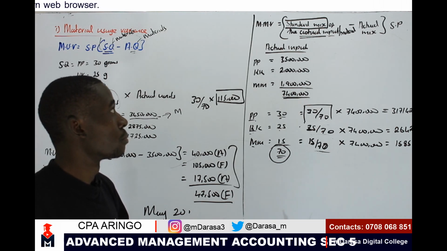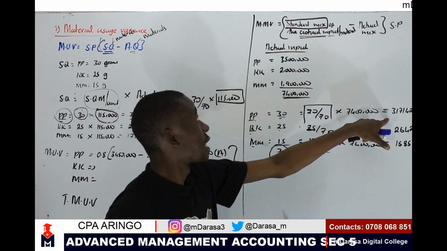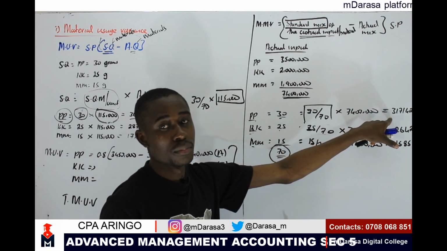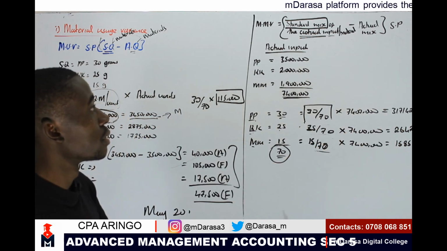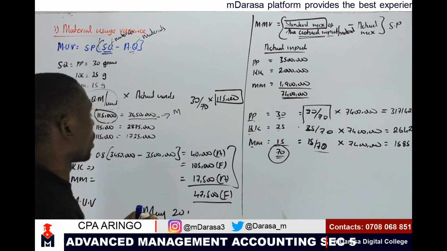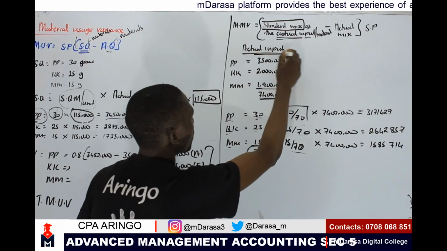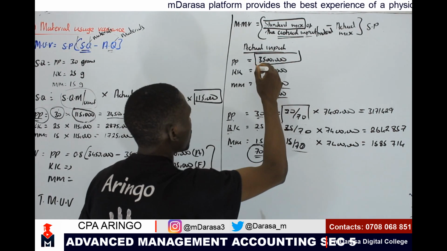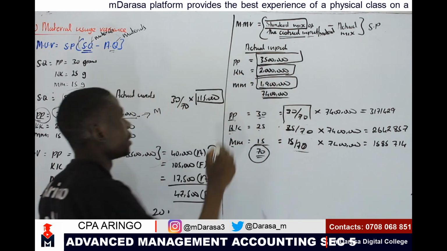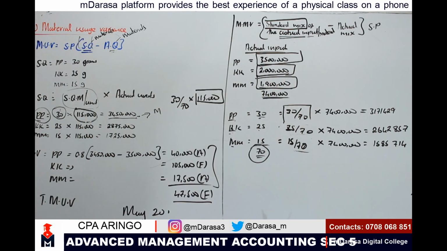So far we have a standard mix, which we have done, the standard mix of the actual input. What is the actual mix? We had already determined it here. Actual mix is now 3.5 divided. Isn't that the aspect of actual mix?